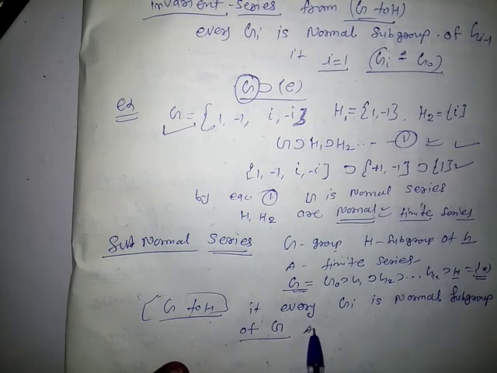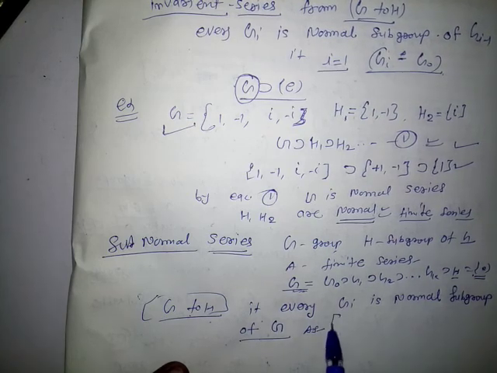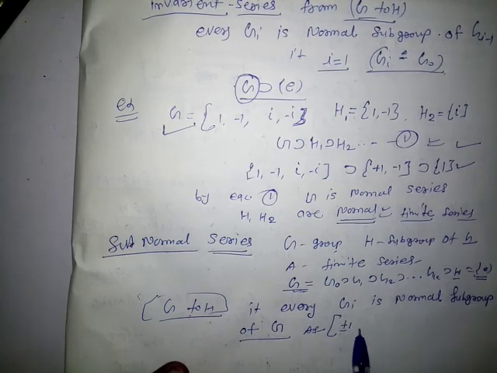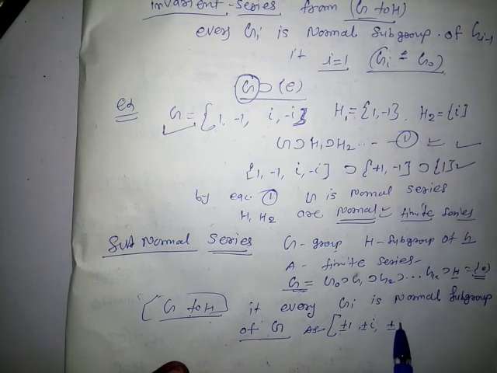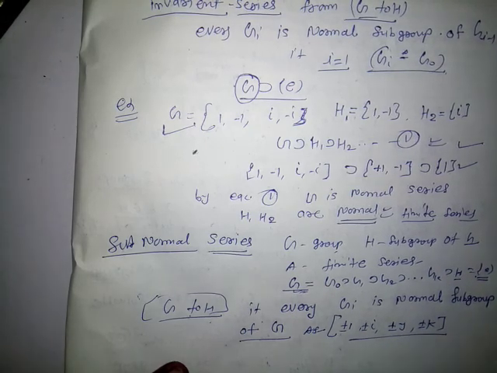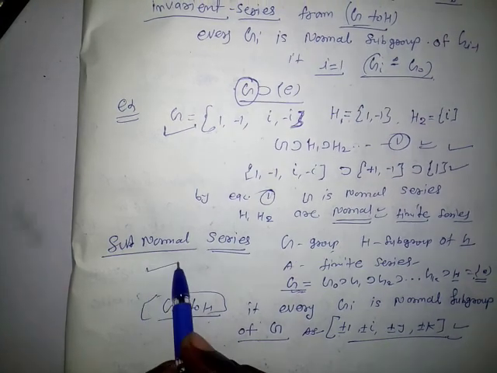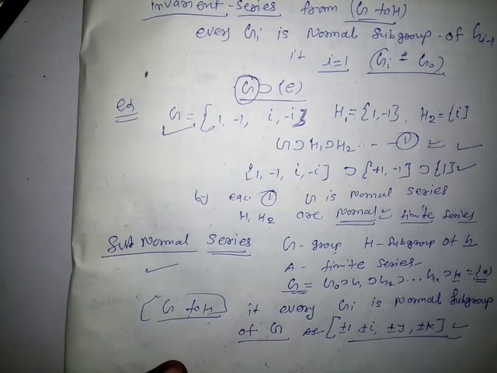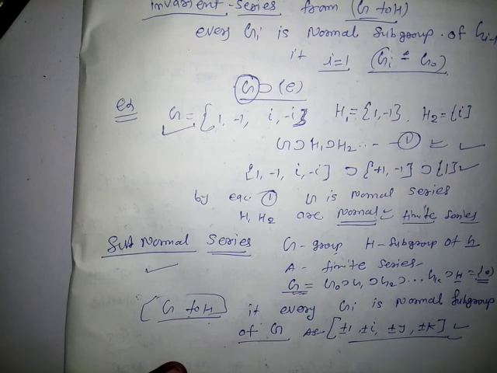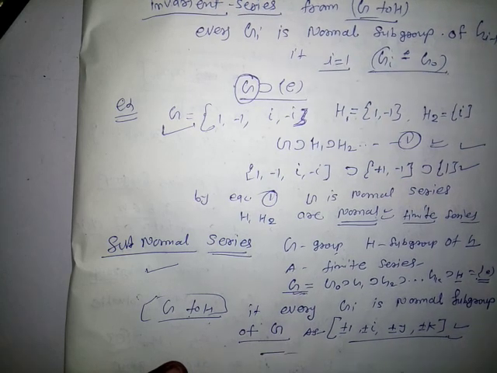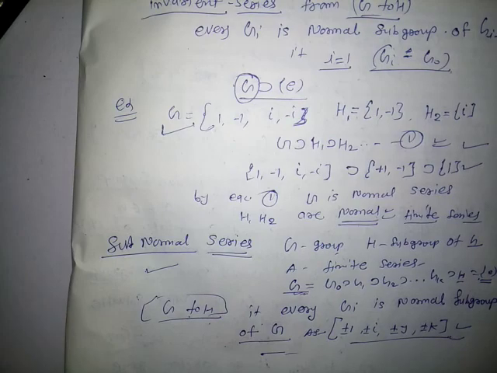Okay, as like that, plus minus 1, plus minus i, plus minus j, and plus minus k. Okay students, now this is called the subnormal series. Okay, now we stop here and we will discuss this topic again in the next video. Okay, thank you.